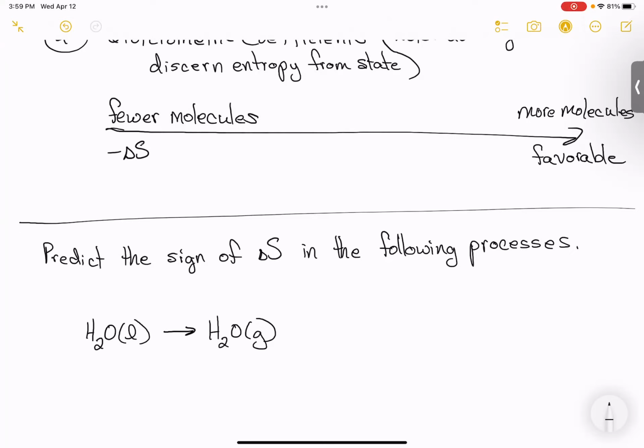This is definitely a positive delta S because we have gas in the product. And that's a more favorable state of matter.